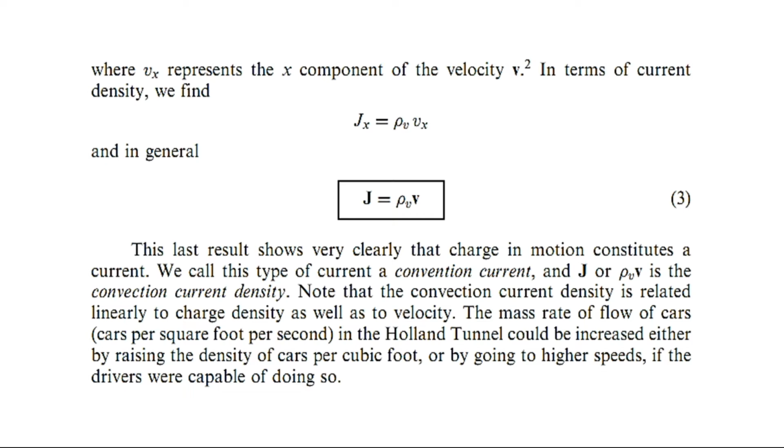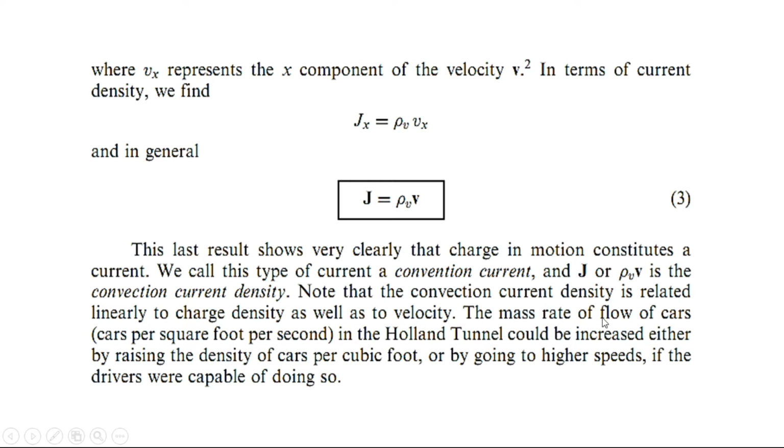It means that by increasing the velocity of the charges, or by increasing the distribution of charges, the volume charge density, the current density would increase. Therefore, the convection current density is related linearly to the charge density as well as to the velocity.